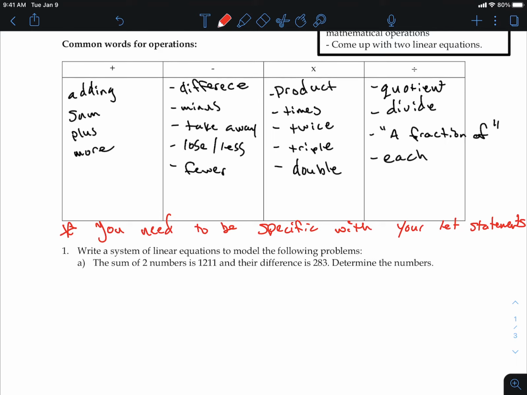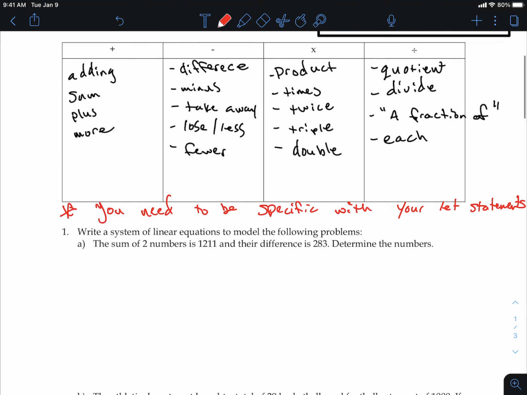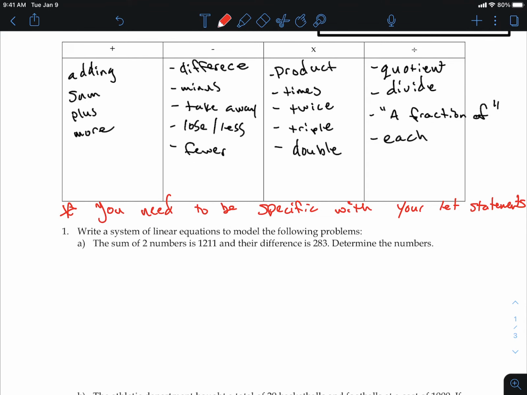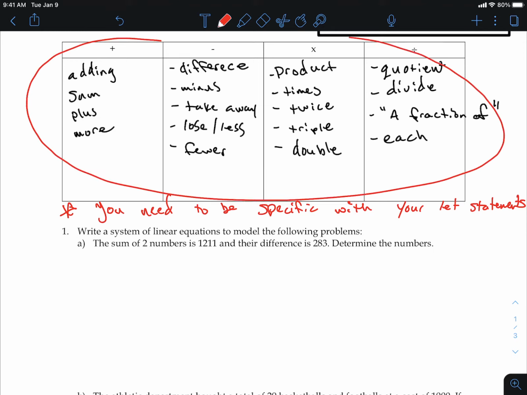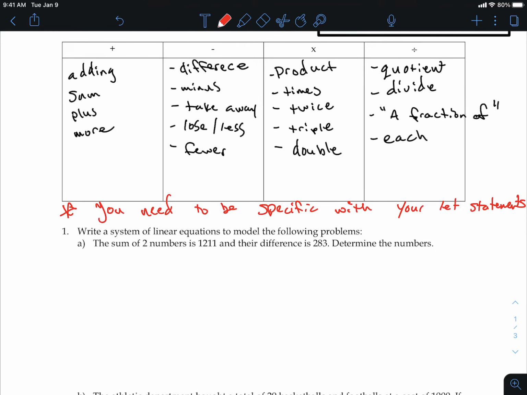So you're going to want to write a system of linear equations. That means two equations for your purposes, to represent the situation. As I read through these, you might choose to do this as well. As I start to see words that I know represent certain things from my list up here, I might choose just to scratch them out and make it plus.